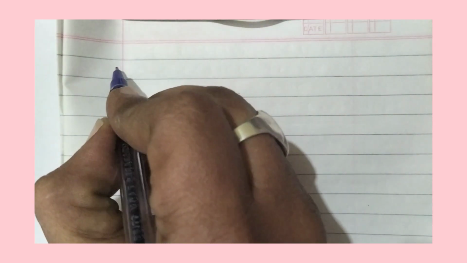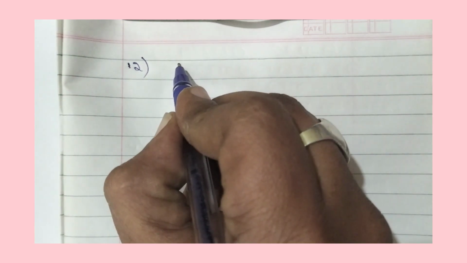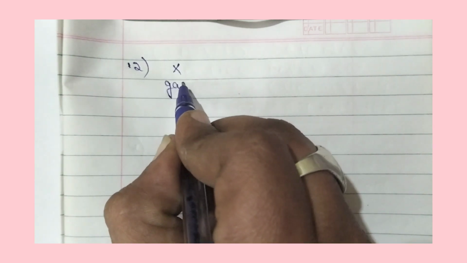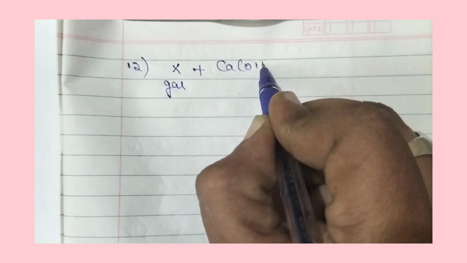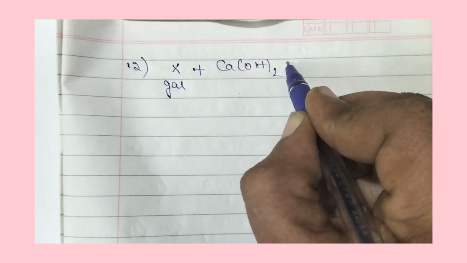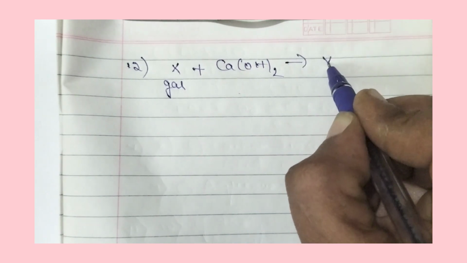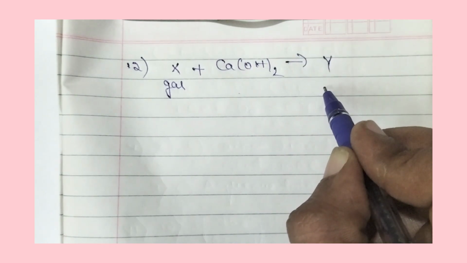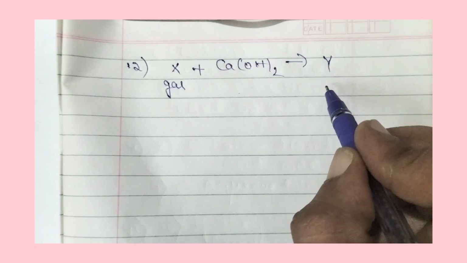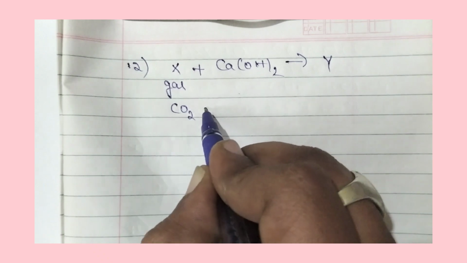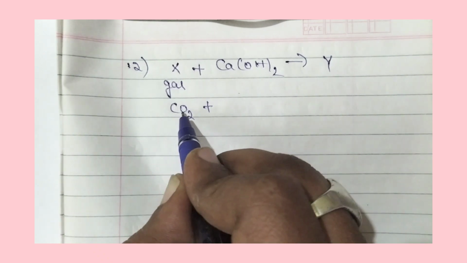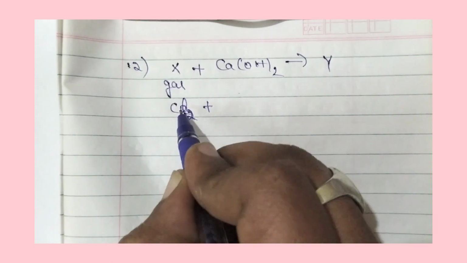So let us answer this question now. According to the question, there is a gas X. This gas, when it reacts with lime water, Ca(OH)2, forms a compound Y, and this compound is used as a bleaching agent in chemical industries. Then that gas X is carbon dioxide, sorry, that gas is chlorine.